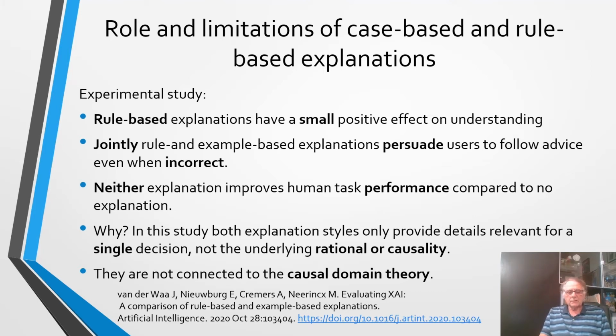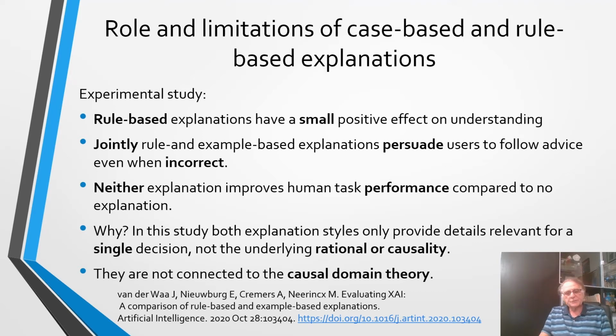What they learned from that experiment is that rule-based explanations have a small positive effect on understanding, but jointly rule and example or case-based explanations persuade users to follow advice even when incorrect. So it's a very strong statement. Again, we cannot generalize it for every possible task. And neither explanation improves human task performance compared to no explanation.